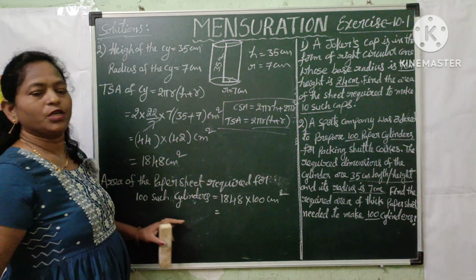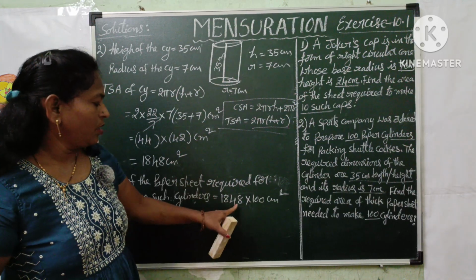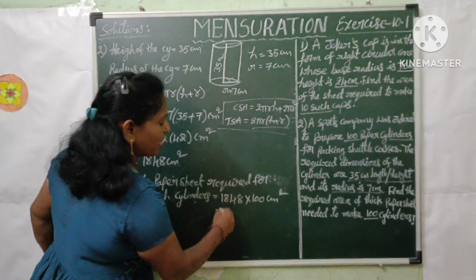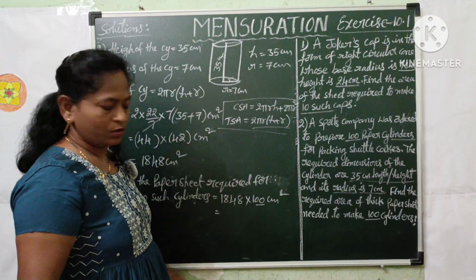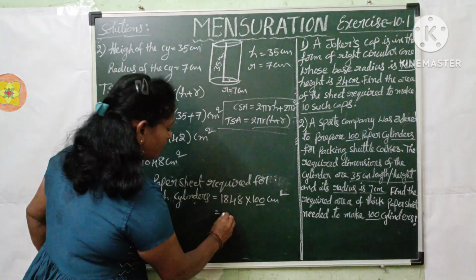Simply we have to add the zeros to the right side of the number. When you are multiplying by 10 or 100 or 1000, simply we are adding that many zeros to the right side of the number.